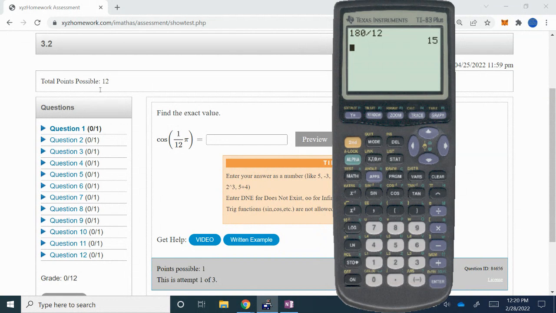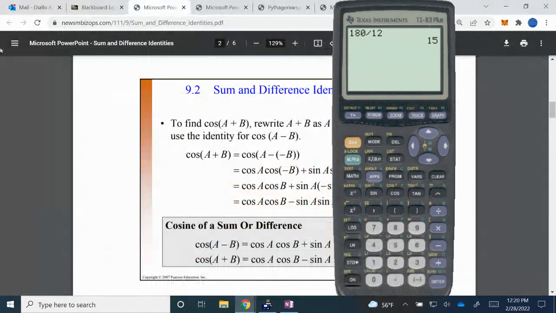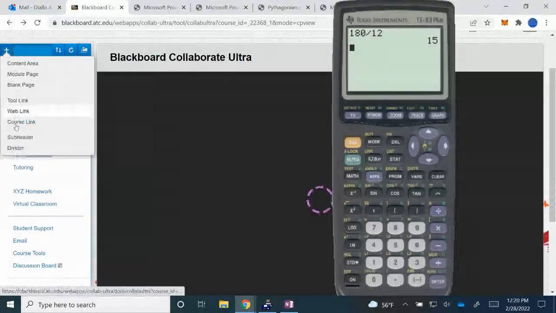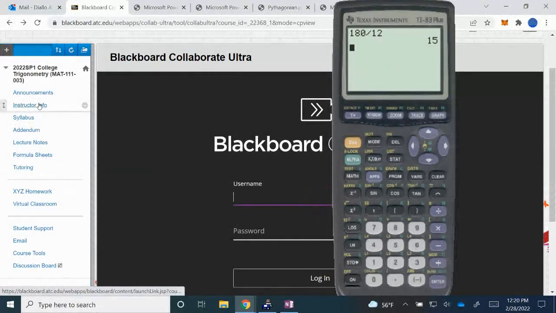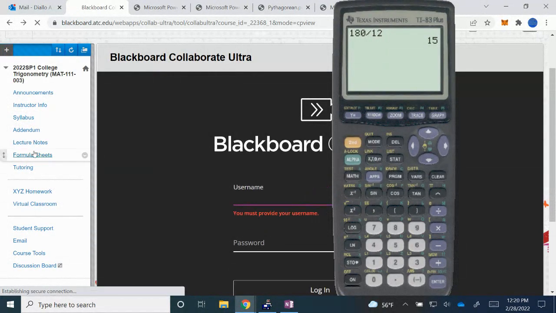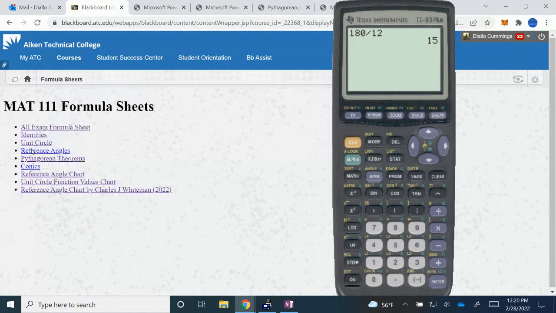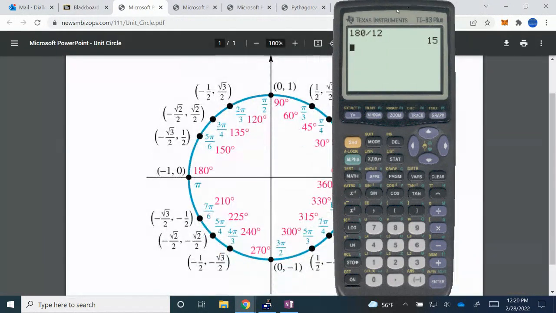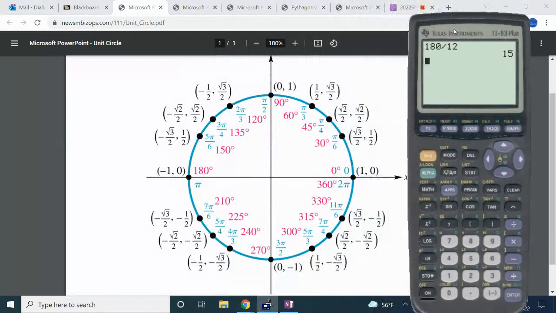Now, normally when we're finding exact values, we will use the unit circle. Give me 1 second, I'm going to bring up the unit circle. And lo and behold, we do not have a 15-degree angle measure.